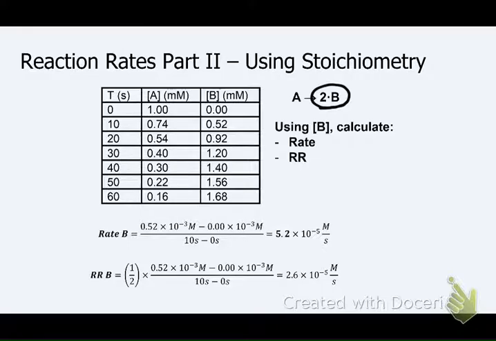And here are the concentrations right here. So if I want to calculate the initial rate of change for B, I'm going to do rise over run. So this is the 0.52 from here. Right? And this is the 0 from here.